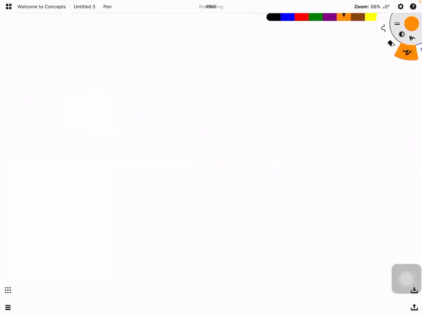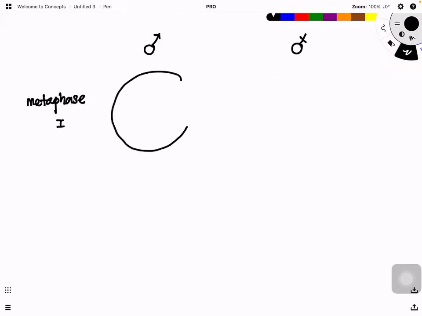the whole process. Now, try to imagine what actually happens here. This is a male, and this is a female. This is during metaphase 1, so you can imagine that this is a cell with homologous chromosomes: two blue, two red.